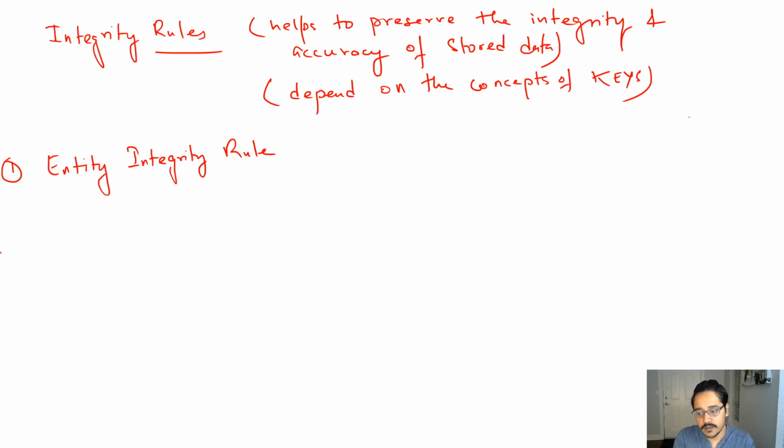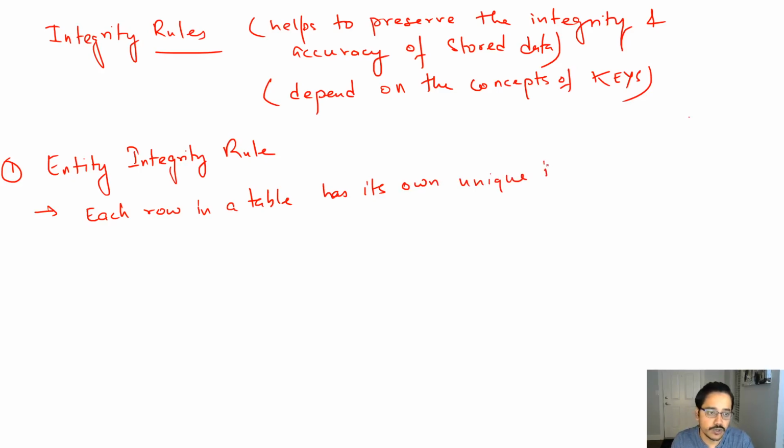So what does the entity integrity rule say? It states that each row in a table has its own unique identity. That is, no two rows are similar.